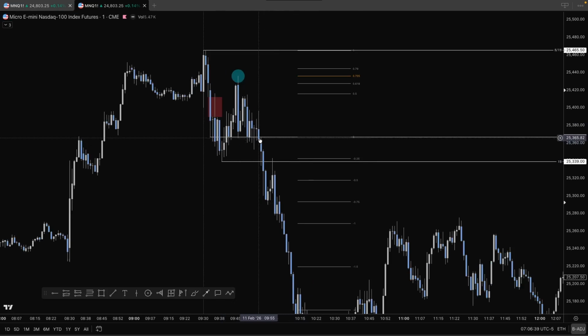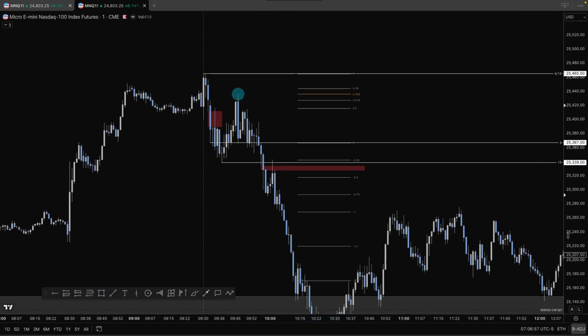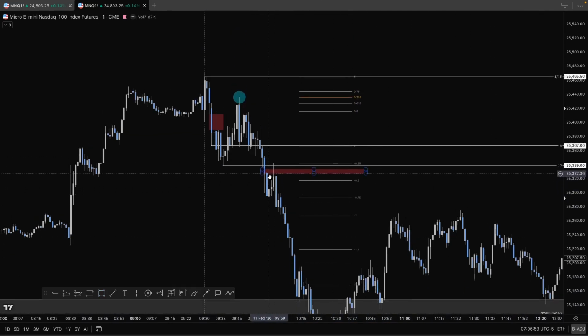We can see we got a clear breakout out of the 5-minute range, and even out of the 15-minute range. Got a little fair value gap right here. And for me, more interesting than the fair value gap is the tap right onto the low of the 15-minute range.